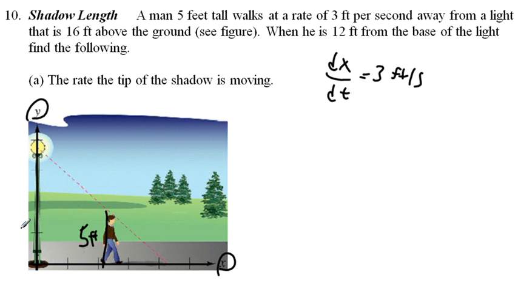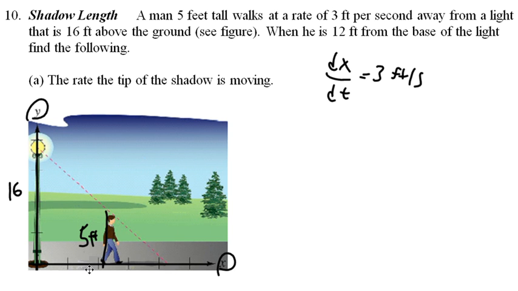And this whole entire length from the bottom to the top of the light is 16 feet there. When he's 12 feet from the base of the light, find the following. Okay, so what's the rate of the tip of the shadow moving? I mean, how fast is this shadow moving right here? Well, let's think about this. Do we know what the whole length is? Well, we don't. We kind of know what this is, right?